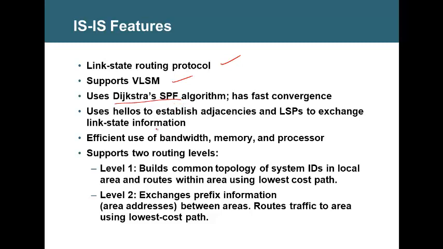And this is really a fast convergence protocol because it maintains the database in the router. Each router will maintain a local database. So when a primary route goes down, immediately an alternate path will be promoted to the routing table.